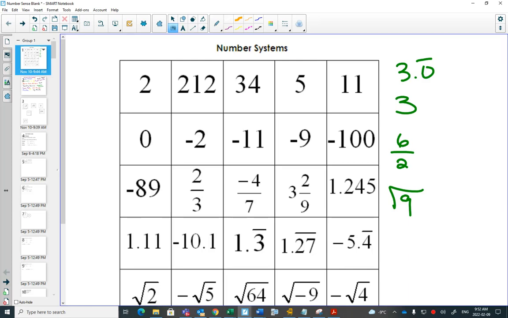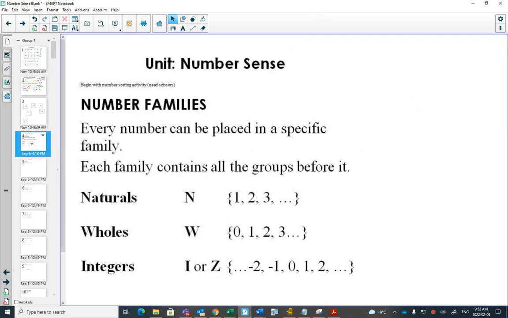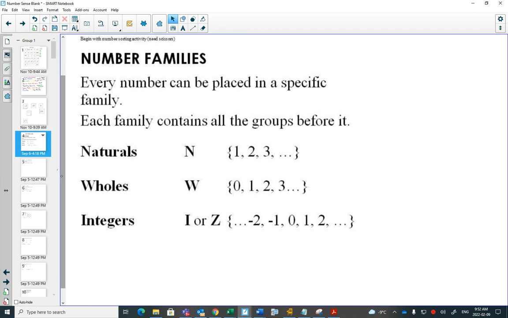And we're going to find out from the page that you have there and our notes for today what the different families are. So you'll notice on your page, I left some things blank for you to fill in. So there's little squares there. For example, you have the number families, but you don't have these names, so you can start writing in naturals, wholes, and integers.